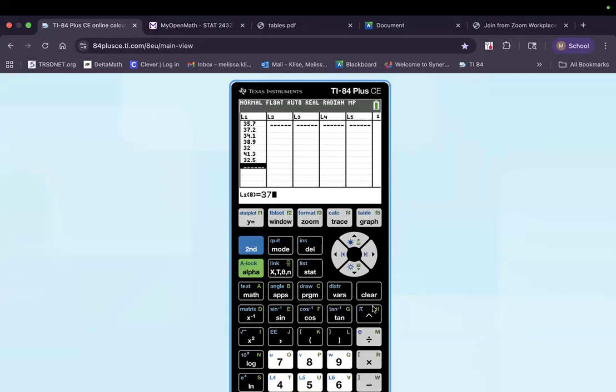I'm going to have to check for typos after I do this because I am typo queen. See, that was a typo, 37.1. 7.3. 9.6.